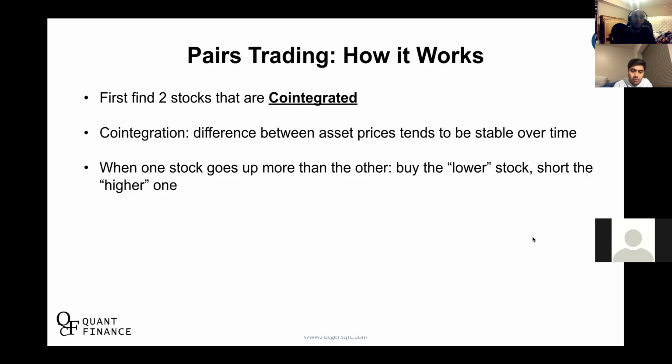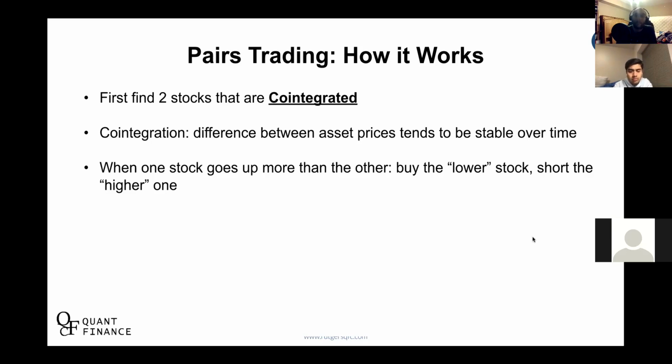I put quotes around these because you're not shorting just whatever stock has a higher price and buying whichever has a lower one. Rather, whatever stock goes up in this divergence, you're betting it's going to go down a bit, and whatever stock goes down, you're betting it's going to go back up.